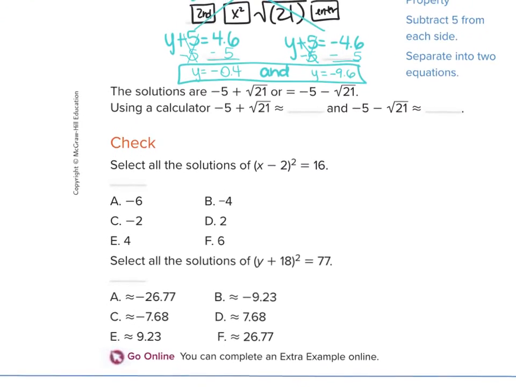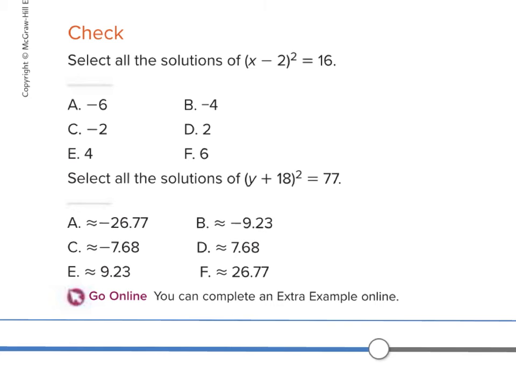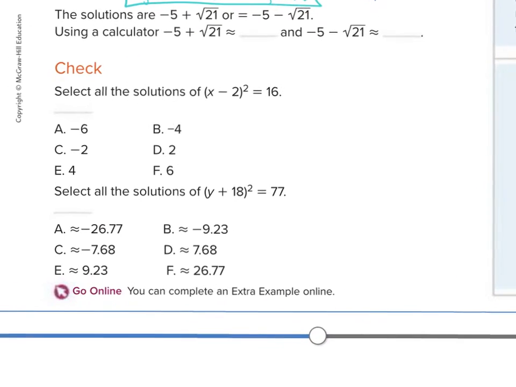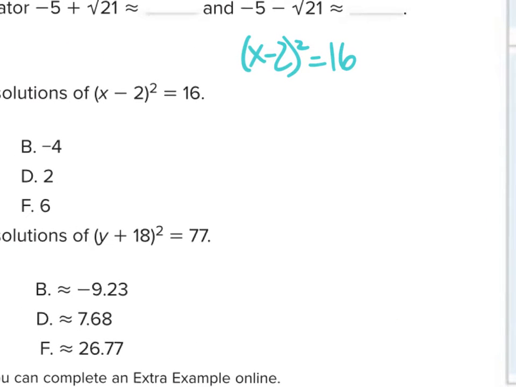All right. Now let's look at, you guys will try this one. Well, I'll help you actually. I'll do the first one with you and then I'll have you do the second. So x minus 2 squared equals 16. First thing you do, square root both sides. So Tori, what does that do on the left side? What does the square root do to my squared?